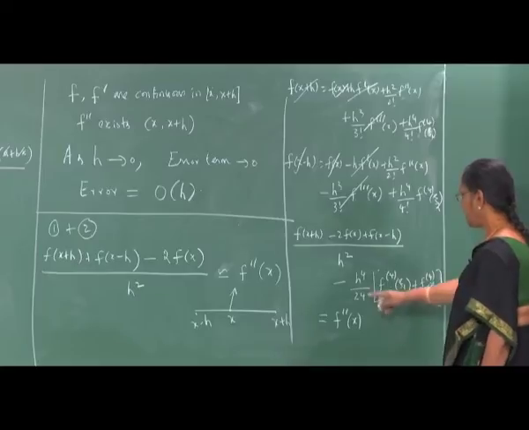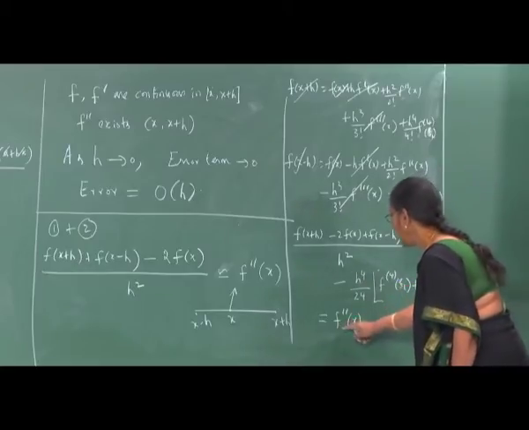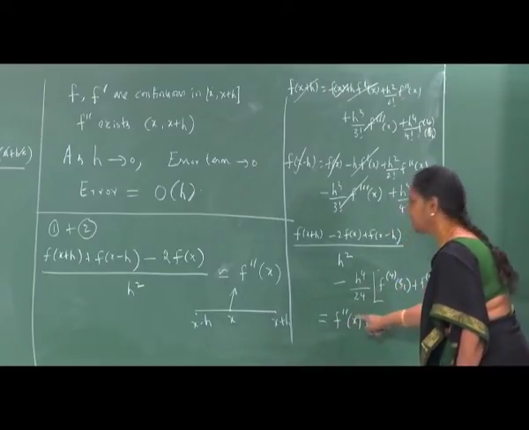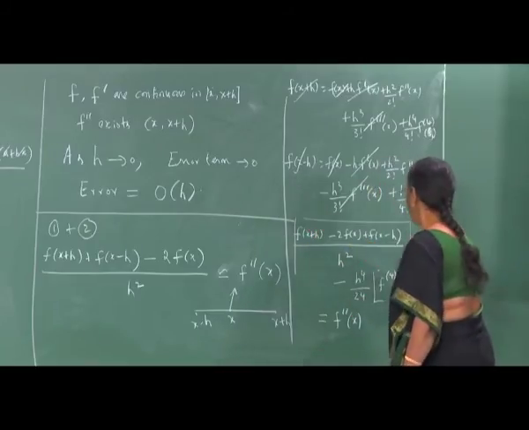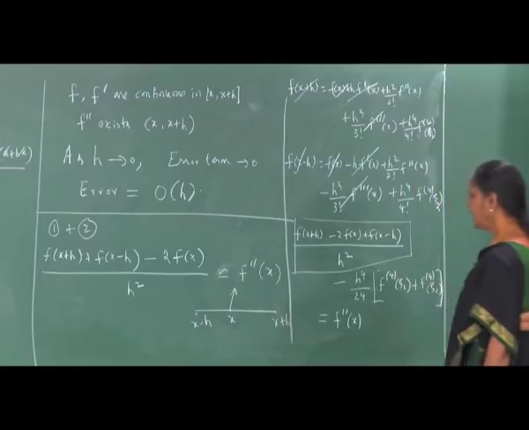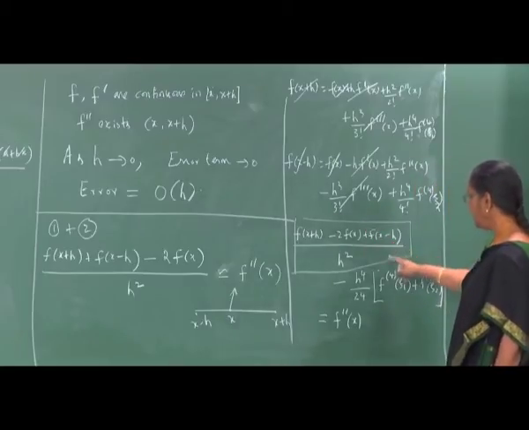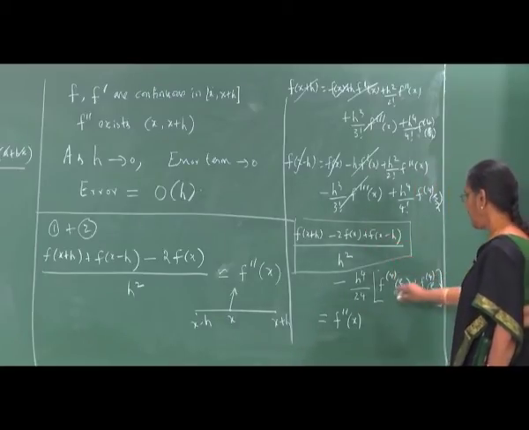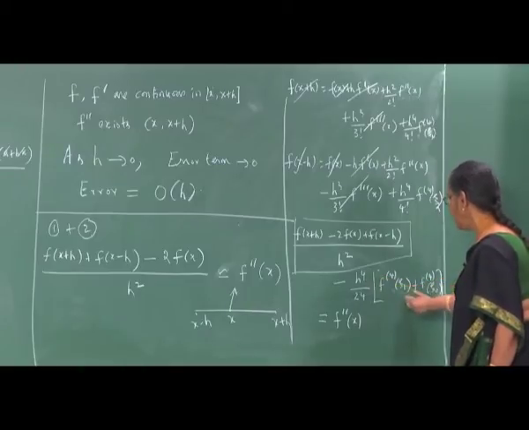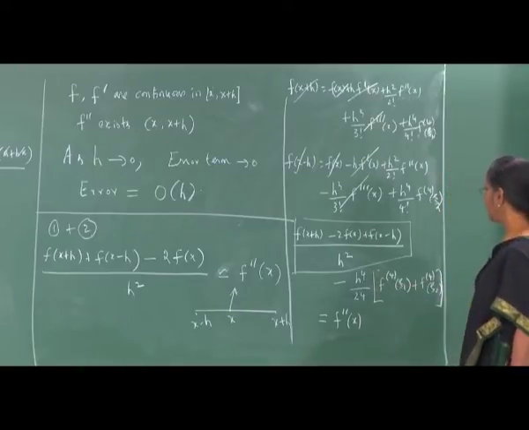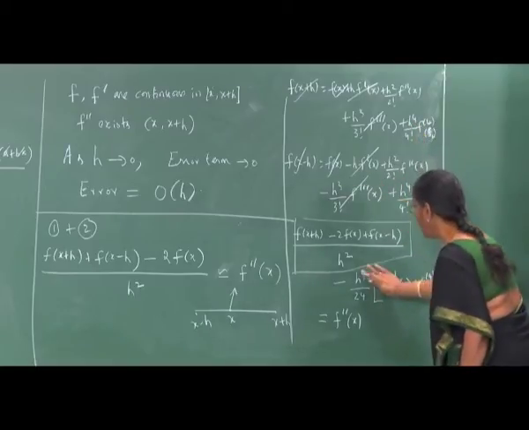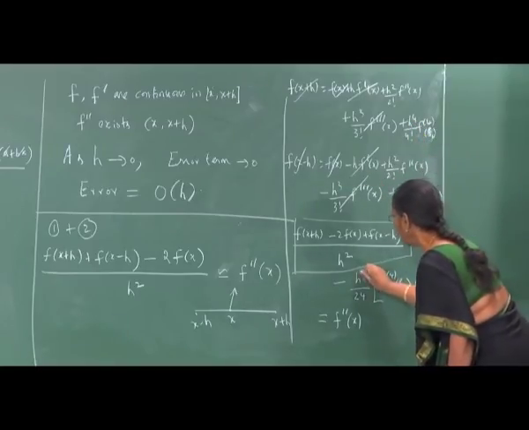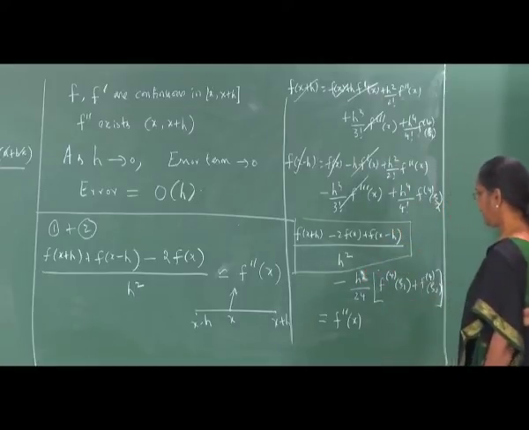So, you have f double prime x to be estimated by the first term, and the error that is incurred in such an estimation is given by the term which is this. Remember, we had divided by h square, and so the term here will be h square.